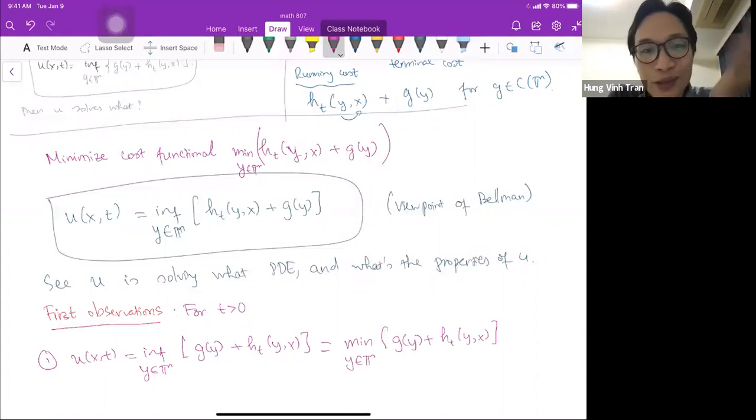So this is just a summation of two continuous functions, so the infimum has to occur at some value.